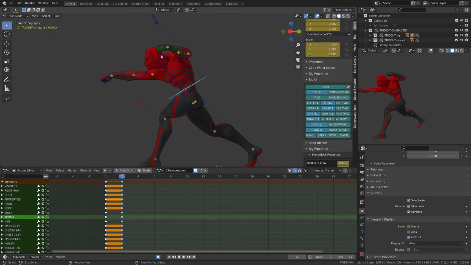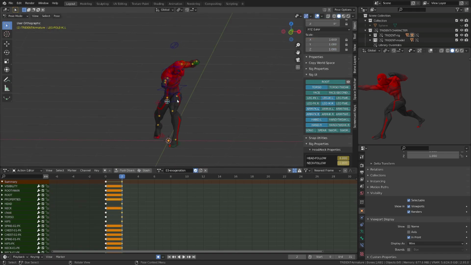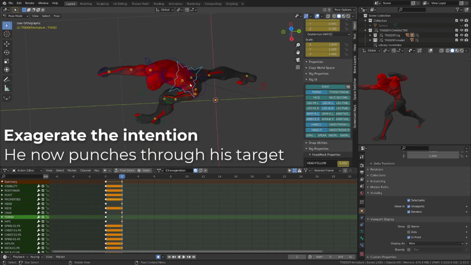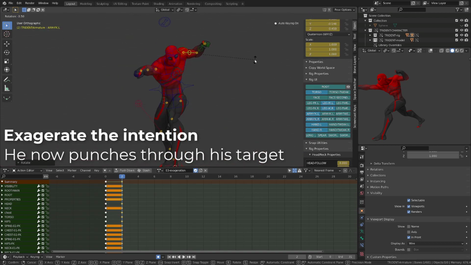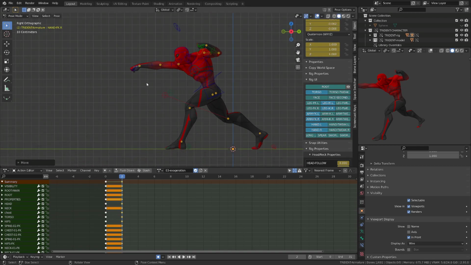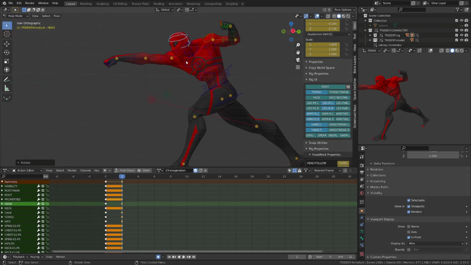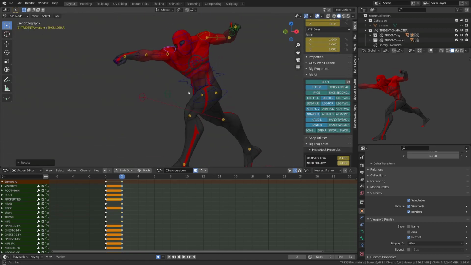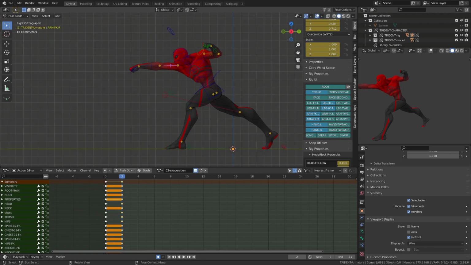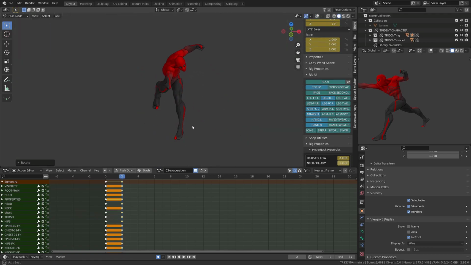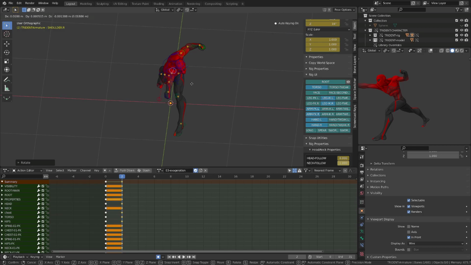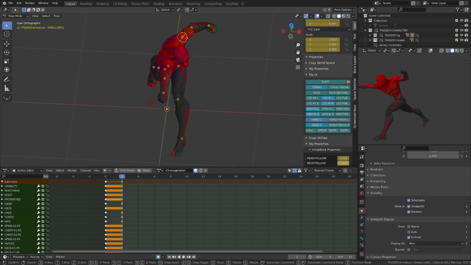What we need to understand here is that I'm taking the same idea, my character is throwing a punch, and I'm exaggerating it, meaning that I will push the pose further, both in its directionality, but also in the intention of the character. No longer punching his target, but trying to punch through his target.